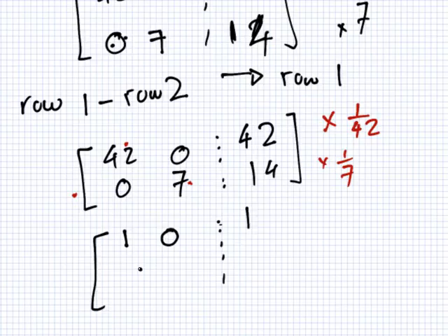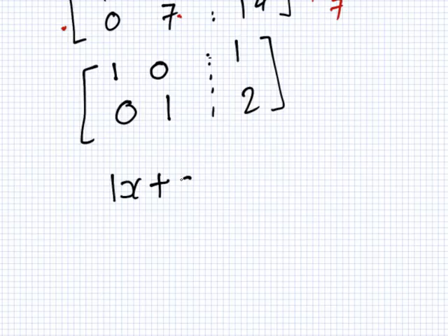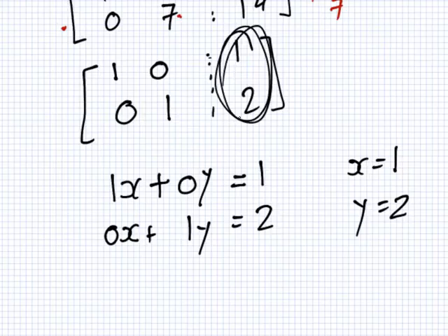Here, 0, 1, 2. So if you write this out, you get 1x plus 0y equals 1, so you get x equals 1. And here, 0x plus 1y equals 2, so you get y equals 2. So this here is the answer.